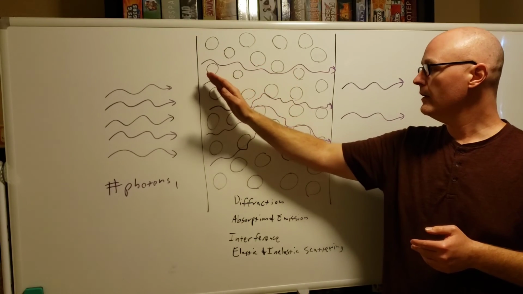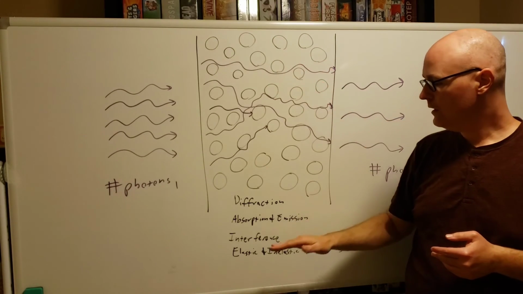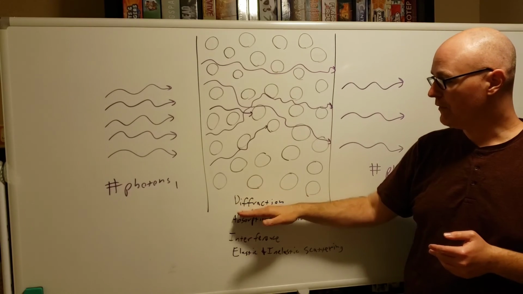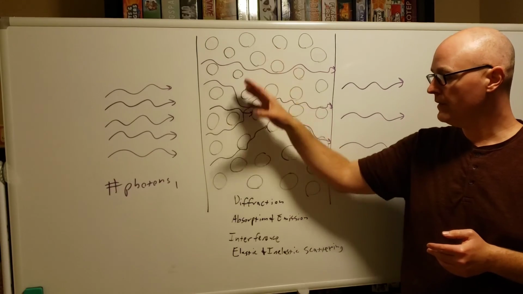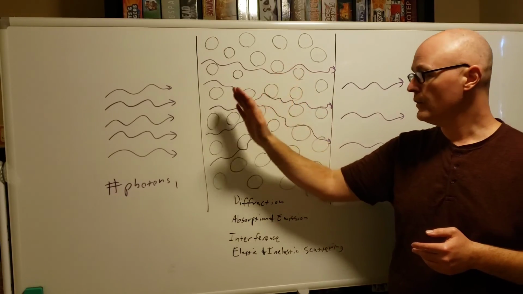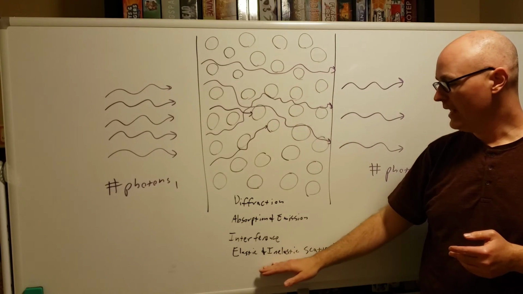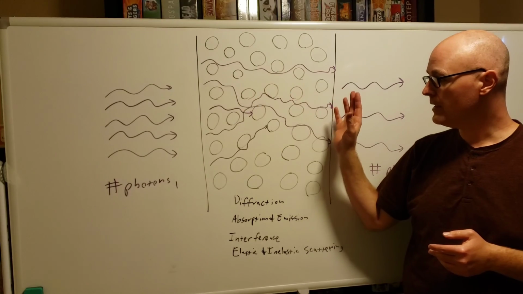That will happen throughout this medium. You'll have interference. So from the diffraction and the absorption and emission, you will have interference within those. So you will have some phase shifts as we interact. We'll have elastic and inelastic scattering that will occur throughout the medium.